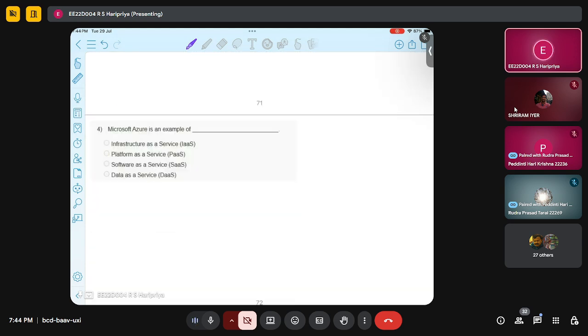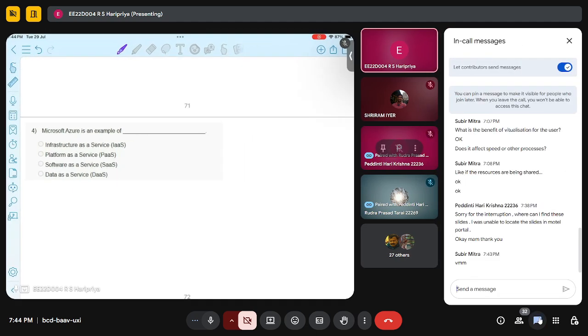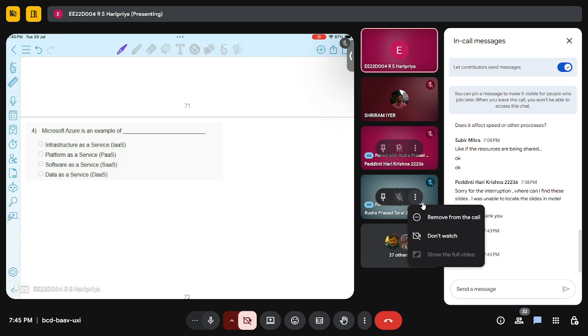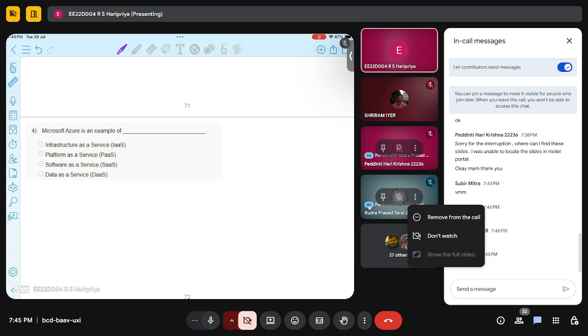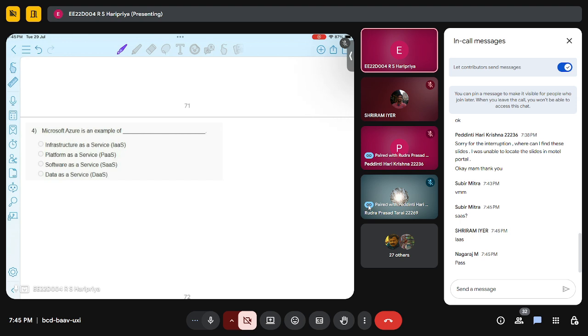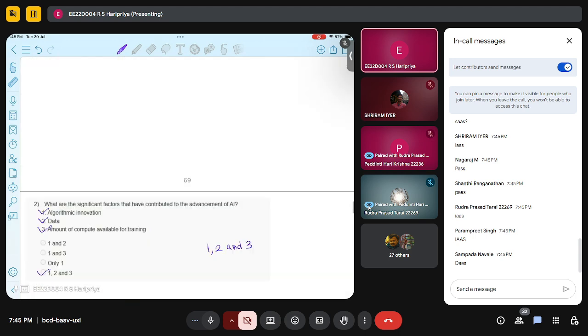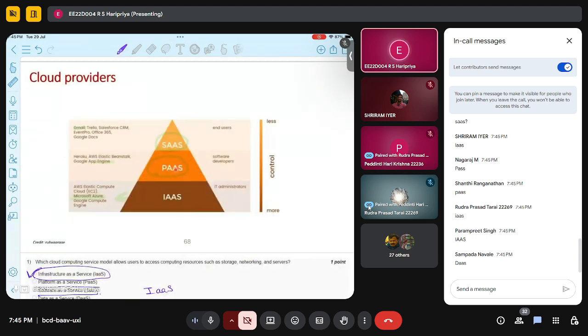So next, Microsoft Azure is an example of... we have seen Microsoft Azure is from IaaS.